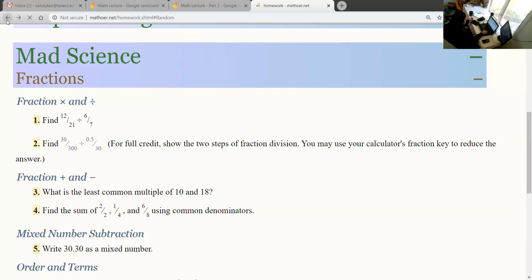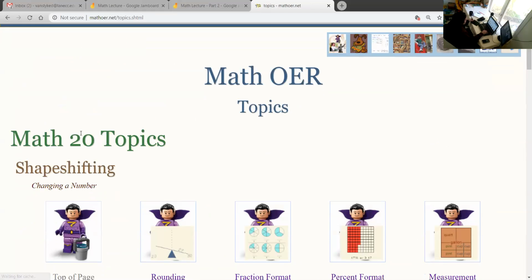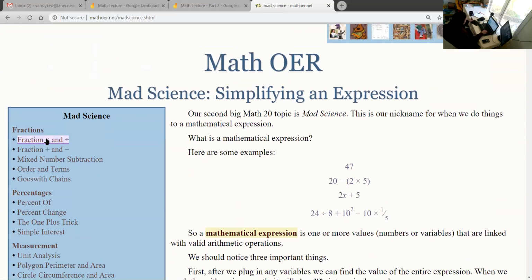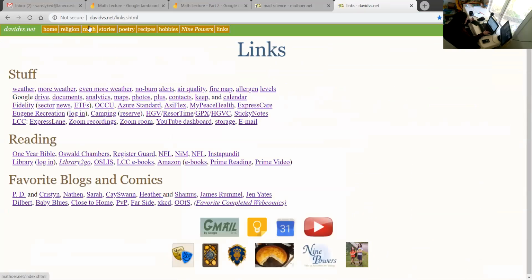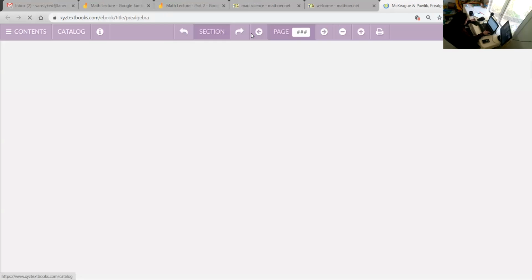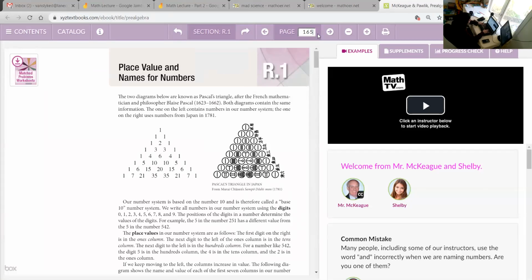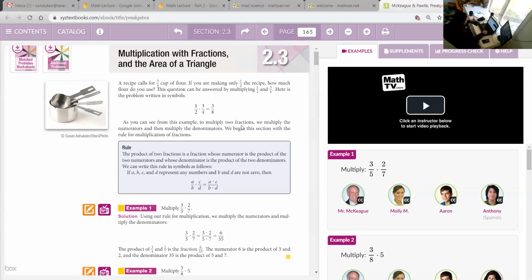Another excellent thing to do would be to go to the textbook and look at page 165. In fact, why don't we just do that? So read about what they are doing here in the textbook.